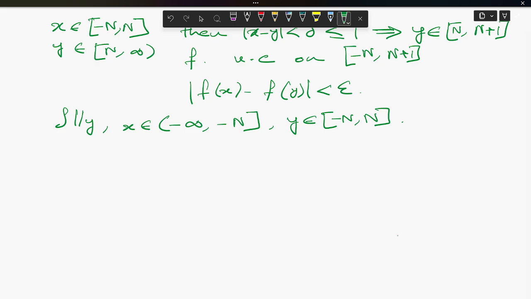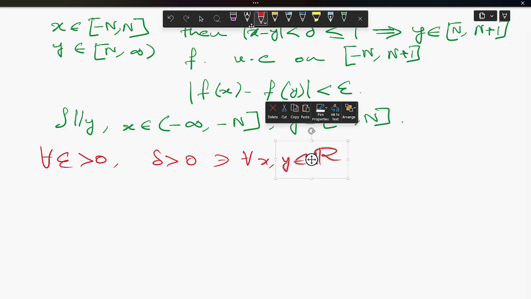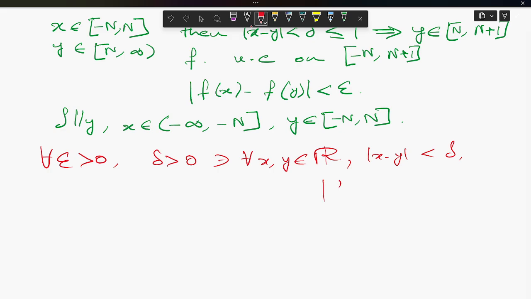Okay, so finally, for any epsilon greater than 0, we have found a delta greater than 0 such that for all x, y belongs to R, if mod of x minus y is less than delta, then mod of f(x) minus f(y) is less than epsilon.